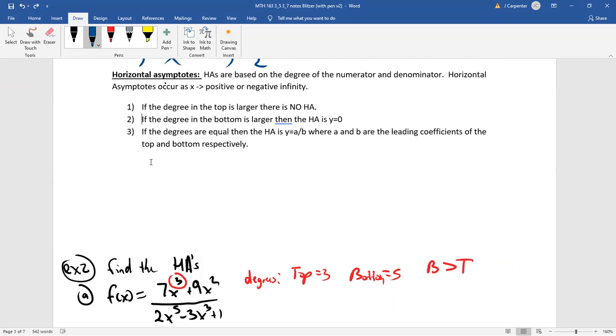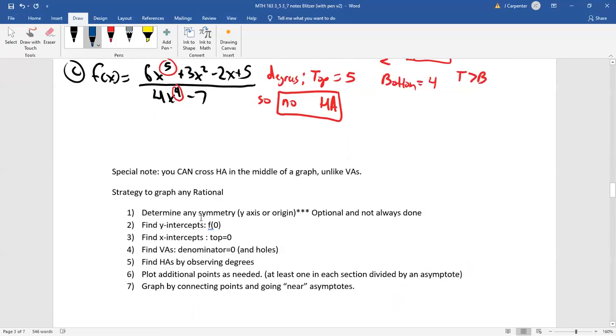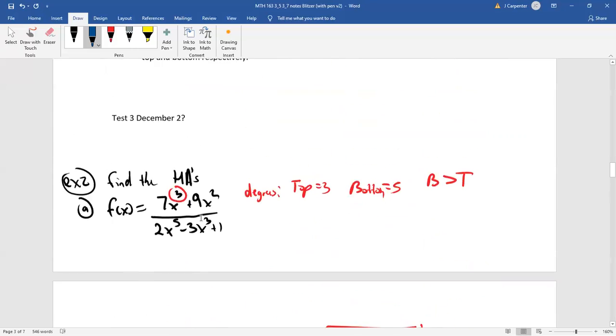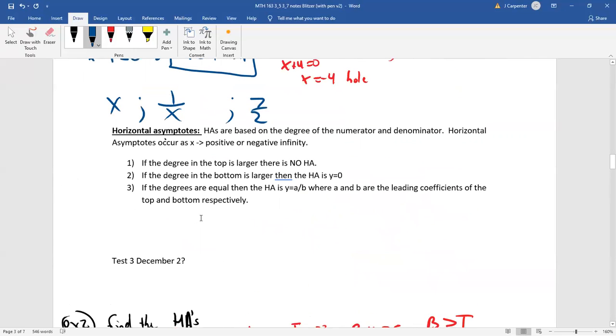I would still like to do the test on the 2nd. We would be finishing up the material on the 30th, but here's the thing. All we got to do is do the examples. There's not a lot of examples. You can see them all right here. It's just these 3 examples. That's 10 minutes. Section 3.7 is ridiculously easy. So I'm not going to have a problem. I am going to do this.